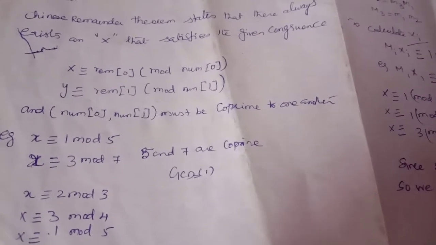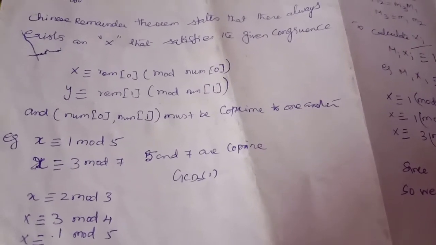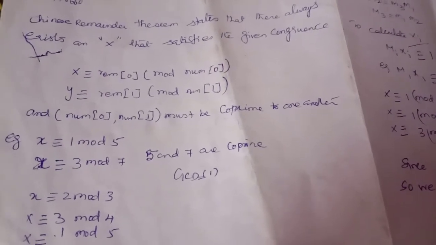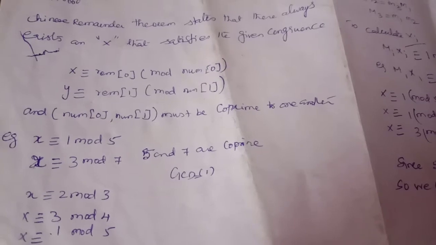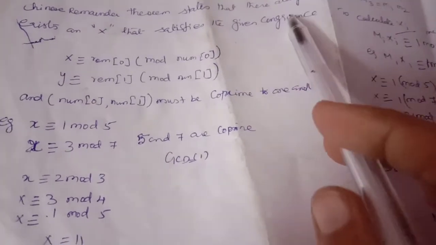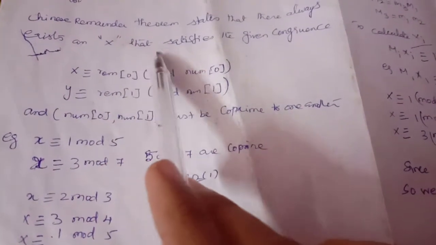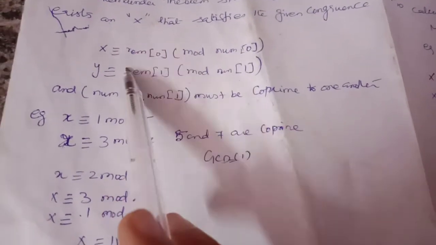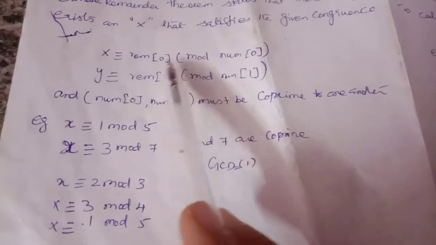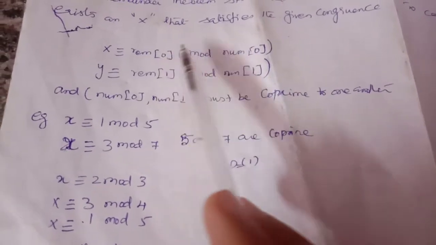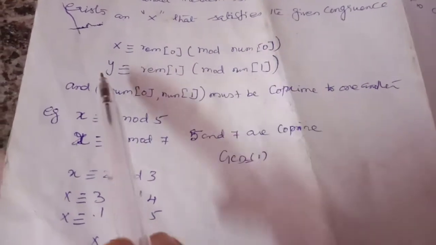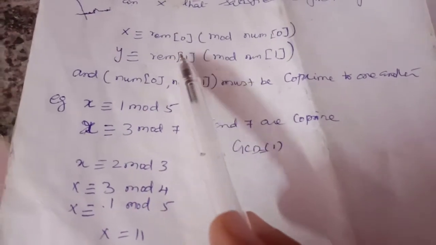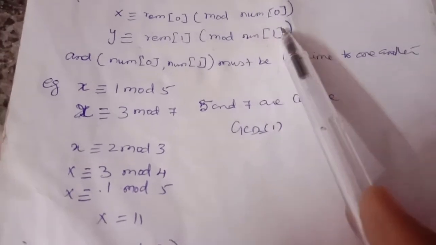Good morning friends. Today we are going to discuss the Chinese remainder theorem. The theorem states that there always exists an x that satisfies the given congruences, that is, x congruent to remainder 0 mod number 0, y congruent to remainder 1 mod number 1.